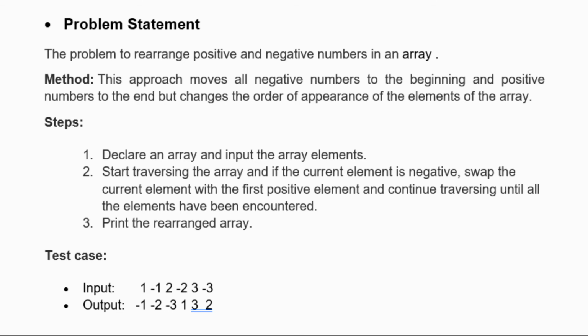So if a negative element comes in the way while traversing, swap that element's position to the first position of this array, and continue traversing until all the elements have been encountered. Then third, print the rearranged array.